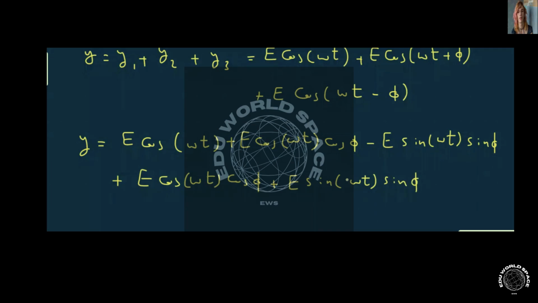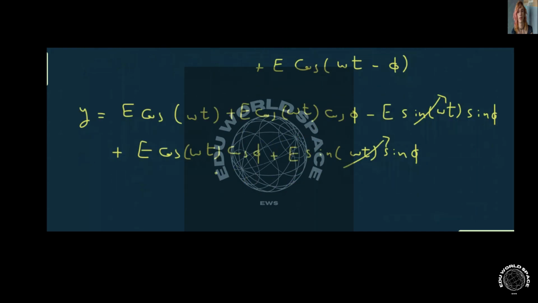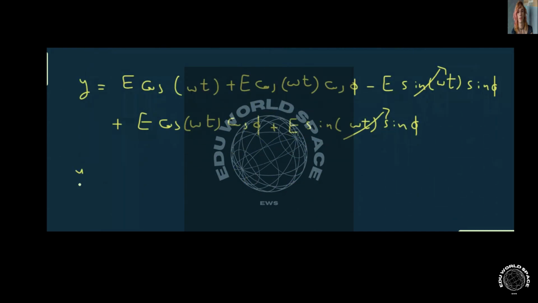So now this term cancels with this term, and here we would have y equal to E times (1 plus 2 cosine of phi) multiplied by cosine of omega t.